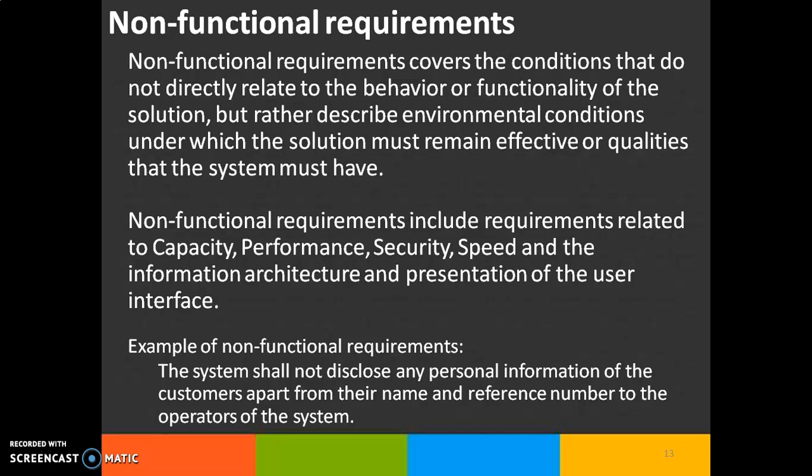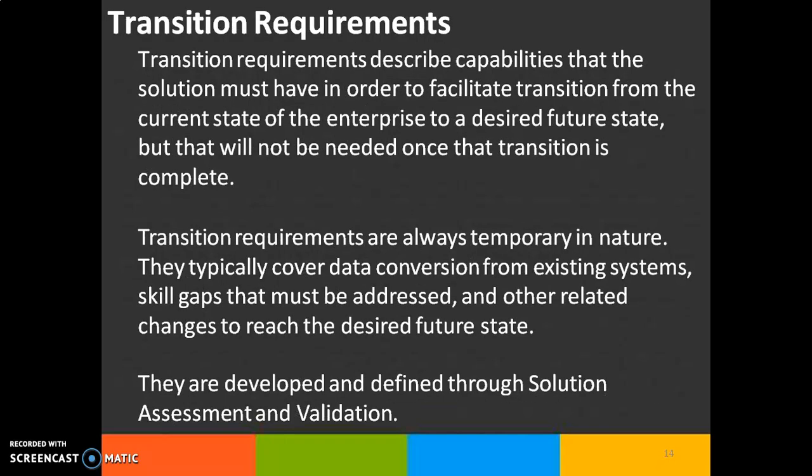Next one is the non-functional requirements. It just covers the conditions that do not directly relate to the behavior or functionality of the solution. For example, the system shall not disclose any personal information of the customers apart from their name and reference number to the operators of the system.